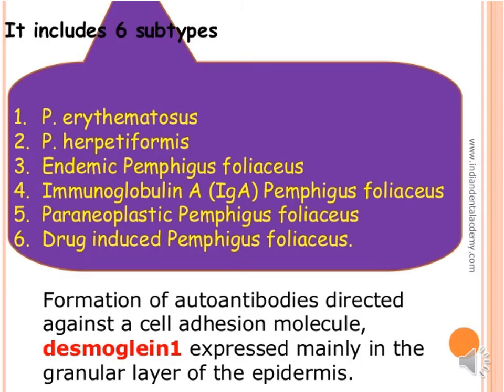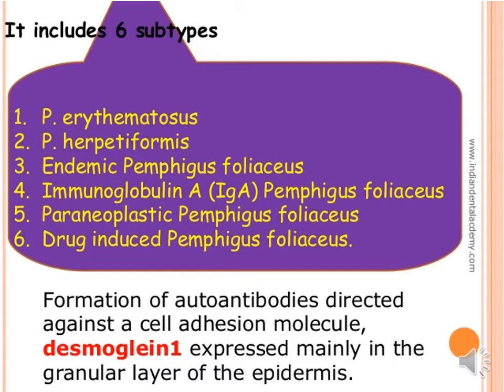It includes six subtypes: pemphigus erythematosus, pemphigus herpetiformis, endemic pemphigus foliaceus, IgA pemphigus foliaceus, paraneoplastic pemphigus foliaceus, and drug-induced pemphigus foliaceus.